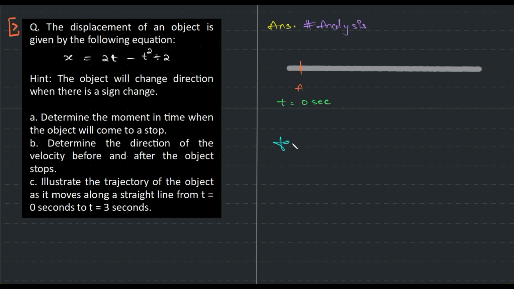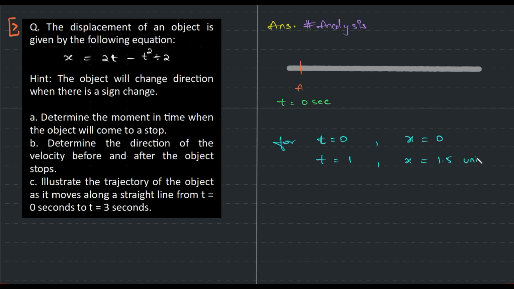So for t equal to 0 seconds, x is clearly 0. t equal to 1, x is equal to 2, again 0. No, wait. 2 minus half, 1.5.